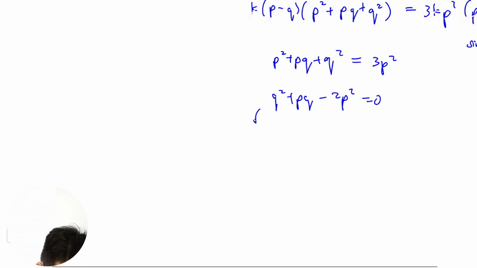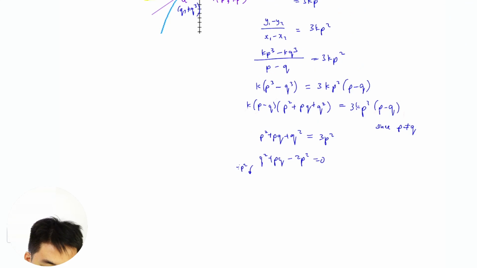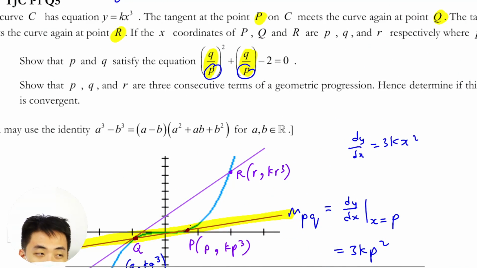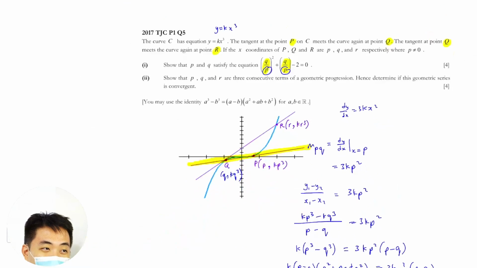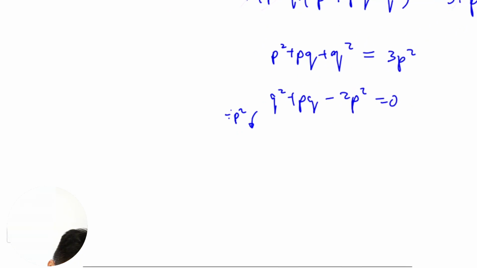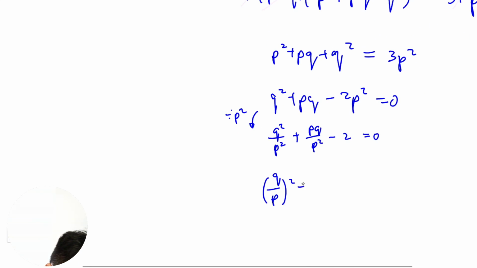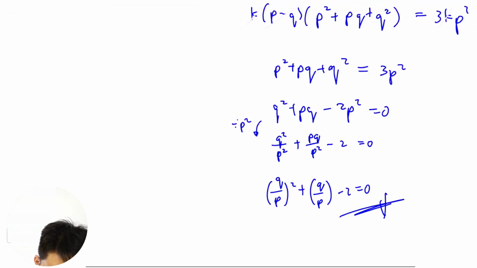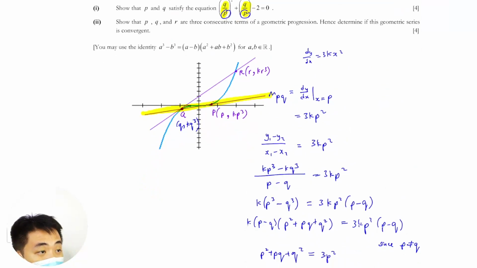So divide everything by p squared. Look at the denominator, guys. There's a reason why it's called the denominator. That is the denomination that you're using. So divide by p squared. So this is okay. Okay. Second part very fun.